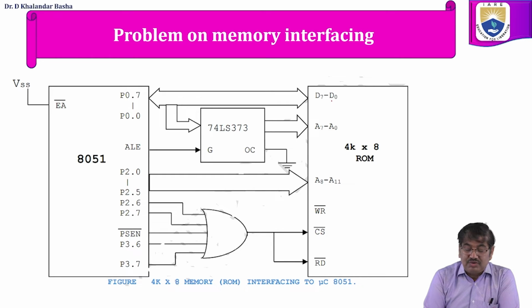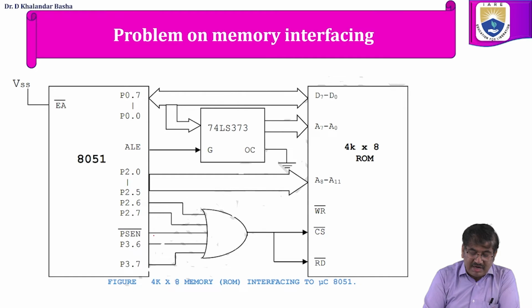So the A0 to A7, which are multiplexed with the D0 to D7, which we are getting on port 0.0 to port 0.7. So for differentiating, it is address lines, the ALE signal will be given. The required higher address lines are from A8 to A13.